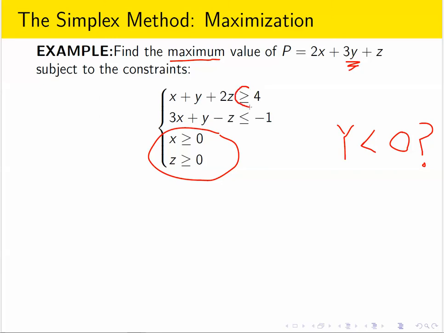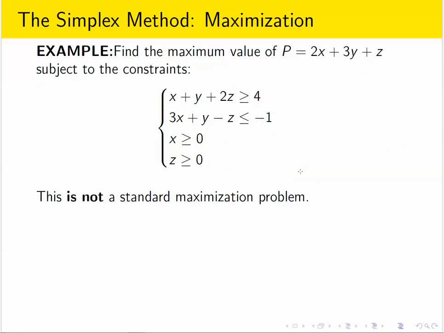The first one has an inequality facing the wrong way, and the second one has a right side that's not greater than or equal to 0. This right side is negative. So this is not a standard maximization problem, which means this is not the kind of question we will be able to attack using the simplex method.